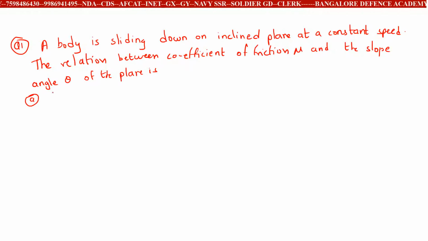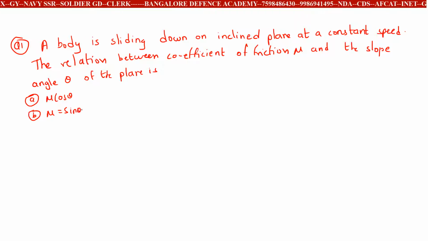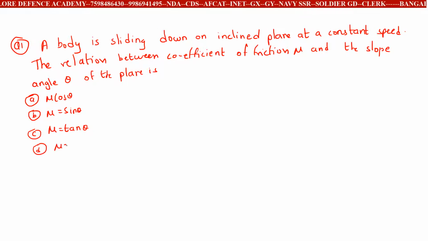So you need to find it now. Options they have given: A, mu is equal to cos theta, B, mu is equal to sin theta, C, mu is equal to tan theta, and option D, mu is equal to cot theta.